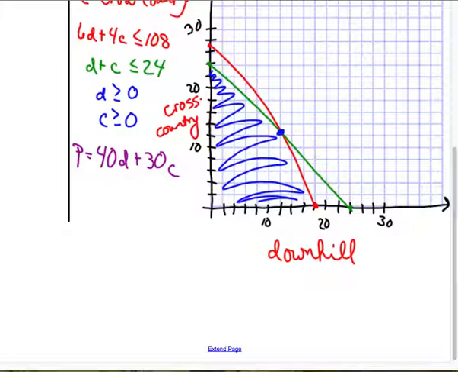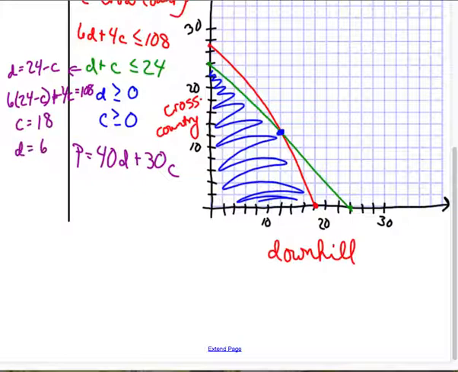So rewriting this as D is 24 minus C, I'm going to use substitution into my green equation, 6 times (24 minus C) plus 4C equals 108. So solving this one quickly, we have C equals 18, which means that D would equal 6.